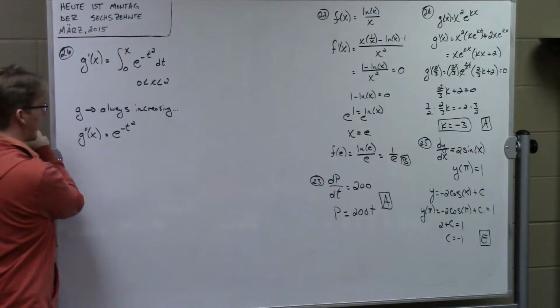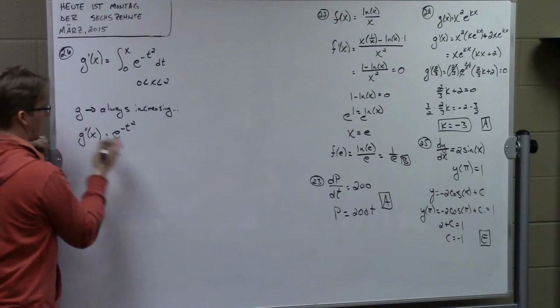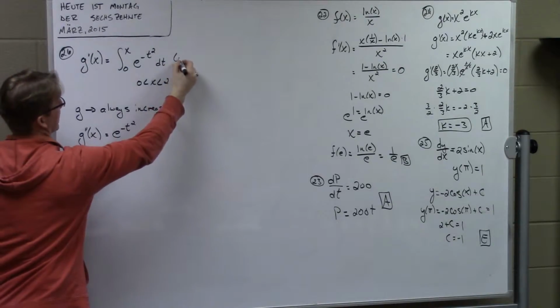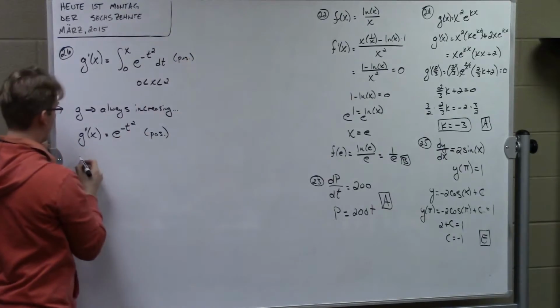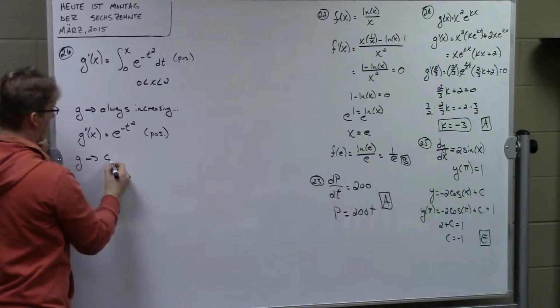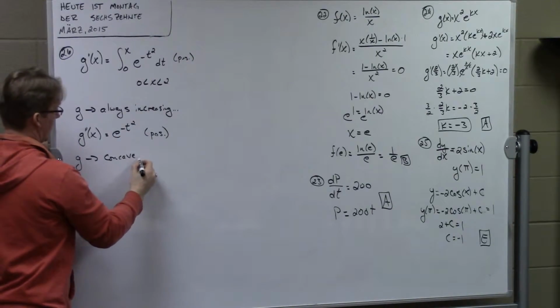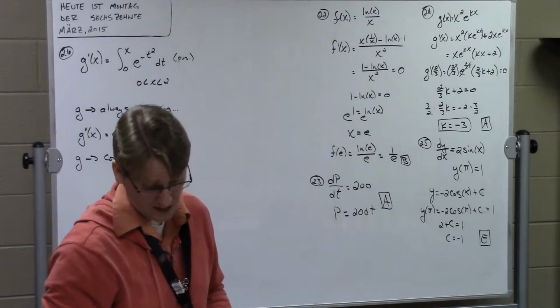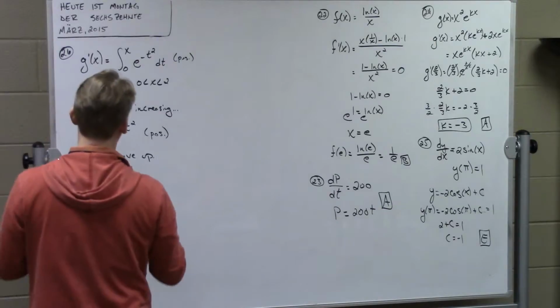Again, I can't set that equal to 0 to get it to be anything else. It won't ever equal 0. So this is always positive, just like this is always positive. So I'm going to say G is always concave up. So my answer would be increasing and concave up, which is A.